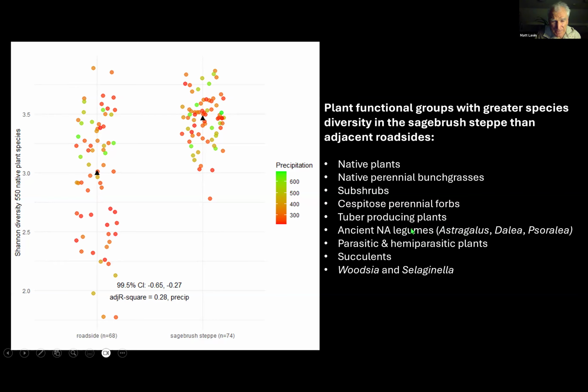Perhaps they've had time to associate with the soil microbial system compared to many other legumes that are absent from the sagebrush steppe. And then the parasites and the hemiparasites, succulents, and then ferns, I would say dry adapted ferns and spike mosses. Those are also in the sagebrush steppe and rare along the roadside, according to our study.